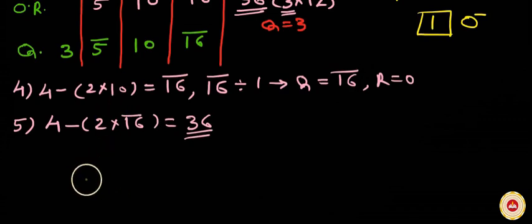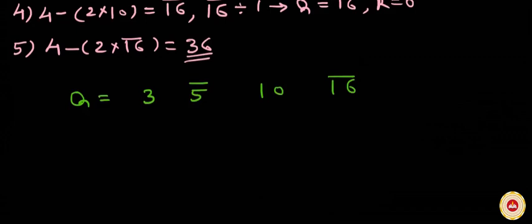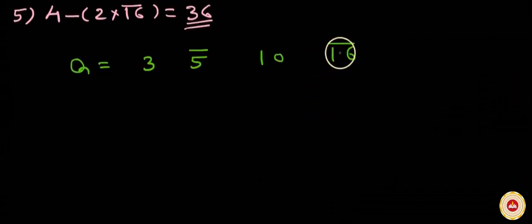So let us write here, quotient is 3, -5, 10 and -16. See friends, leftmost digit or digits are considered to be extra digits. So see here, this is an extra digit. Let us transfer it to its immediate left.